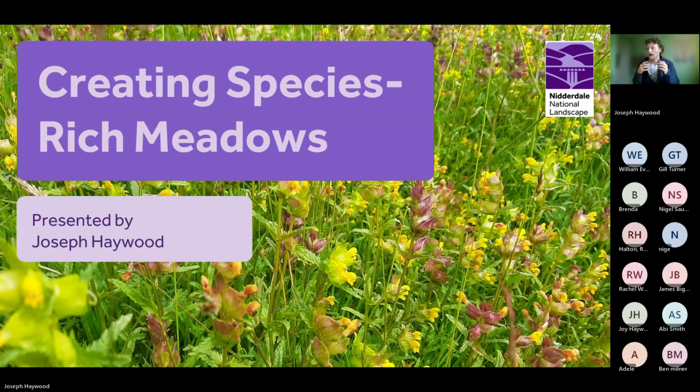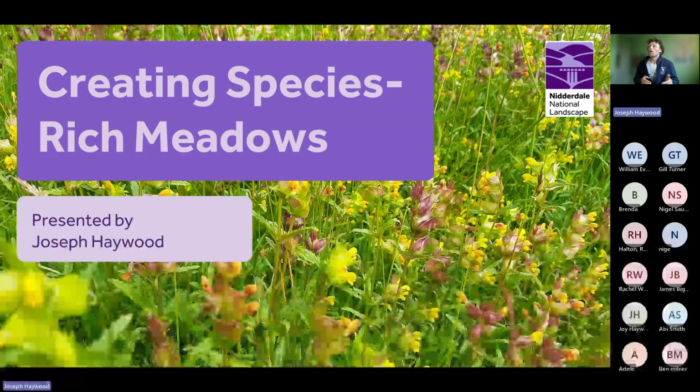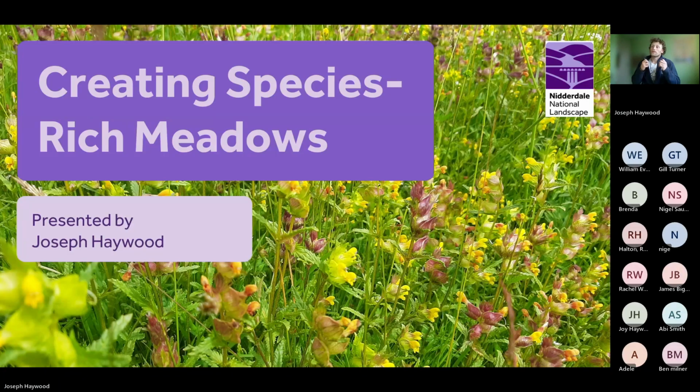And the different grassland types that come about as a result of all those different factors, whether it be your geology or your aspect or where you are in the country, whether you're in the northwest or the southeast. So we're going to be developing more on looking at meadows. So it's upland and lowland meadows today, and how we can create some really species-rich, amazing meadows.